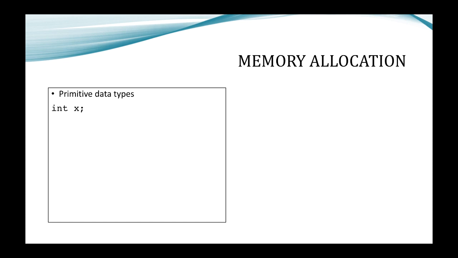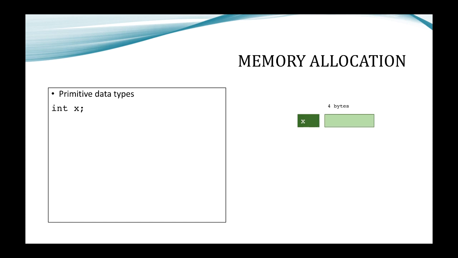So, starting with the very simple primitive data type, integer. Let's say I would like to define integer x. Now what happens is in your system, you most likely have an operating system. It could be Windows, Mac OS, or whatever.